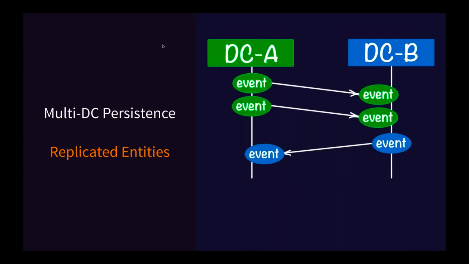There's an actor for each entity in both data center A and data center B, however the multi-data center Akka persistence is set up. And it's bidirectional. It could be that events are being persisted in B. So the third event here is persisted in data center B, and it's replicated back over to A, whereas the first two were first persisted in data center A, and they were replicated over to B.